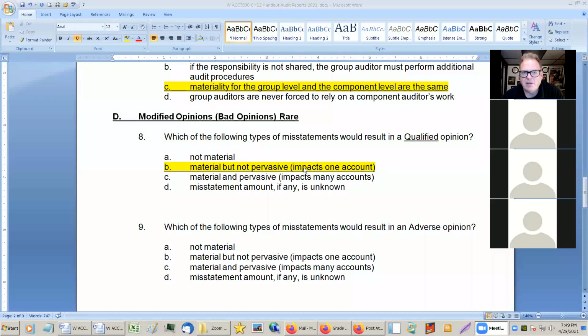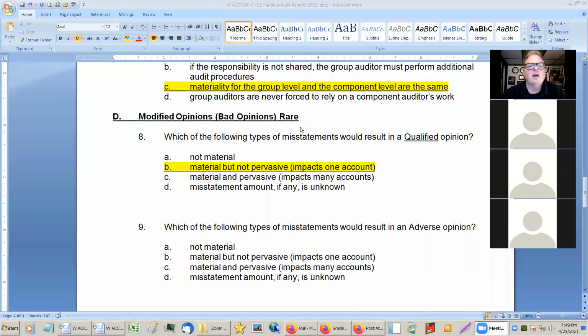The sales are correct, cost of goods sold are correct. It's just that we have this problem with this. Usually, it's just one account. So if there's just one account that has this material misstatement for whatever reason, a qualified opinion is appropriate. It's still a bad opinion.